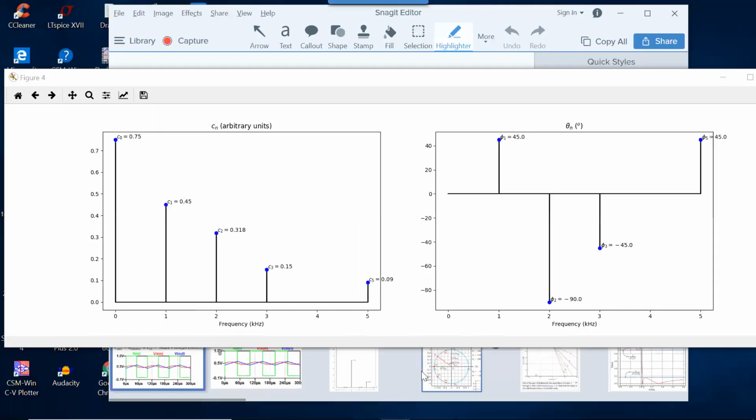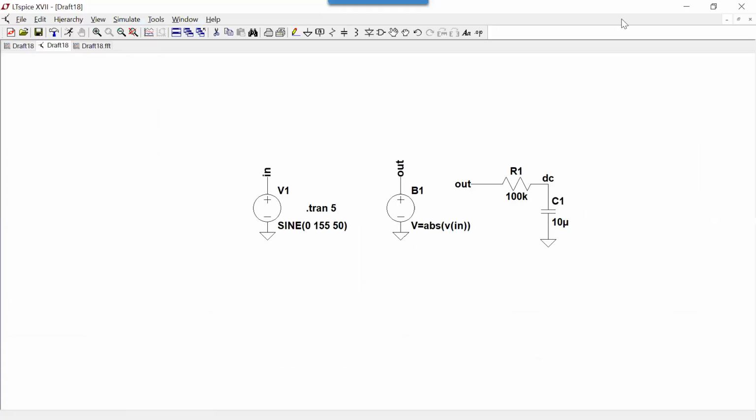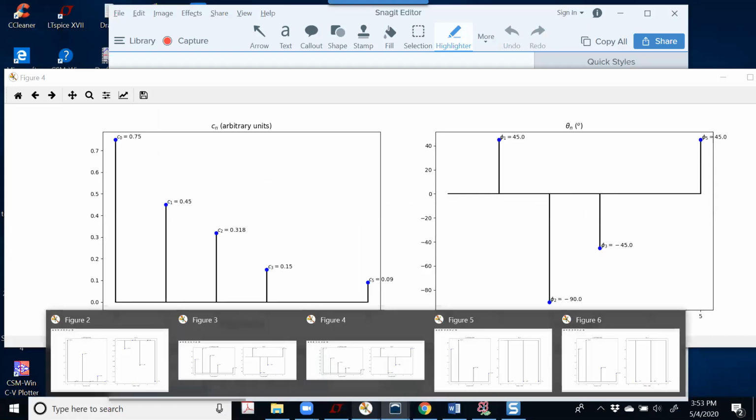Now, in these notes, I've said that this is really impossible to simulate or to come up with a hand calculation.